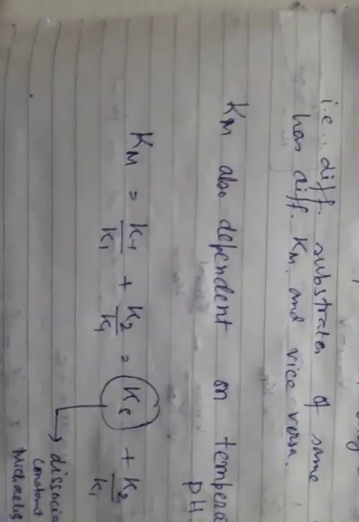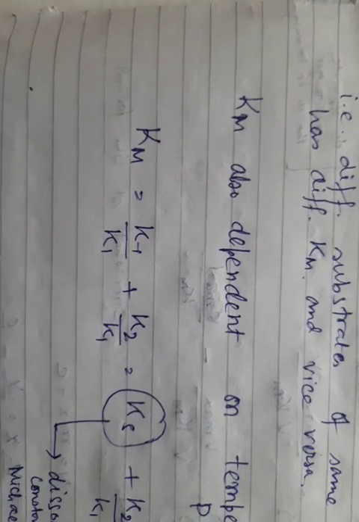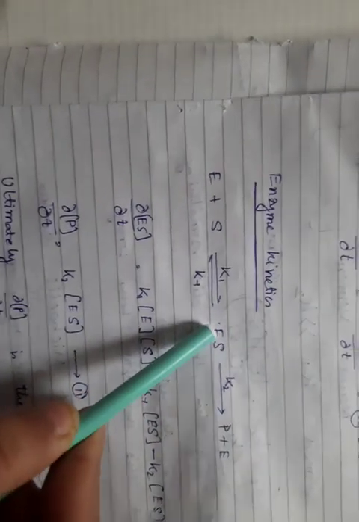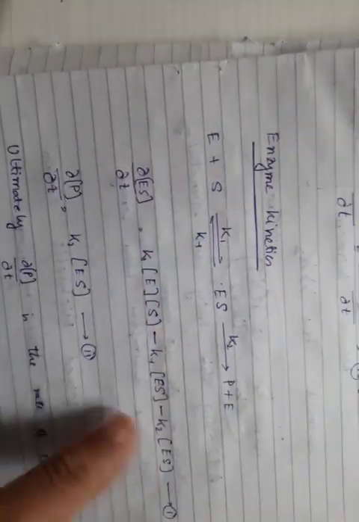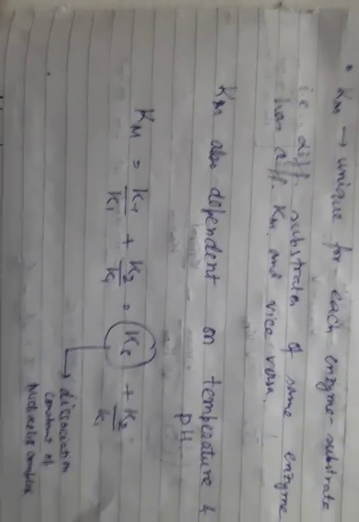This is the backward reaction, this is the forward. From this side to this side is dissociation, so this is k minus 1. So this is the dissociation constant.